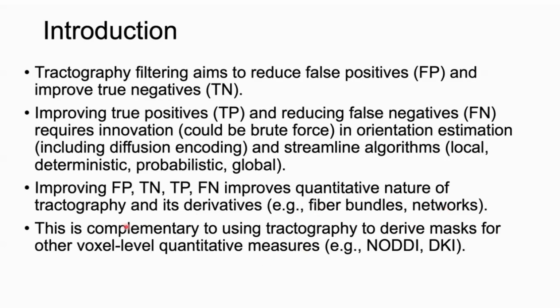This is complementary to using tractography to derive masks for other voxel-to-voxel quantitative measures. The quantitation I'm talking about in the third bullet is a more intrinsic way of trying to make tractography quantitative, as opposed to the other angle, which is using tractography just to classify voxels as masks, and then you rely on other quantitative diffusion models like NODDI, DKI, GFA, those types of measures.